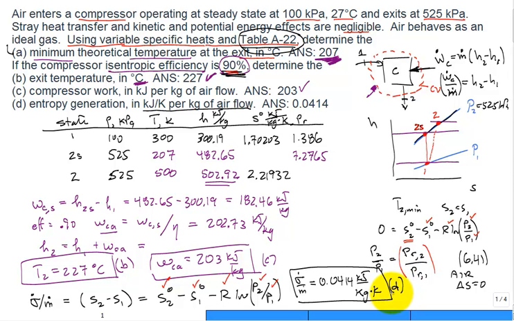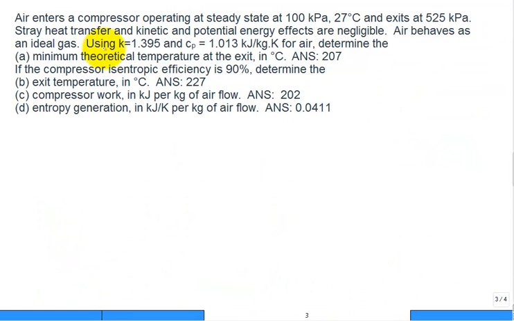Now, before we leave this, I want to say, what happens if somebody changes up the problem and uses constant specific heats, not variable specific heats. So you would not use the table A22, you would just use constant specific heats. I took the same problem and said, okay, we're going to use constant specific heats.